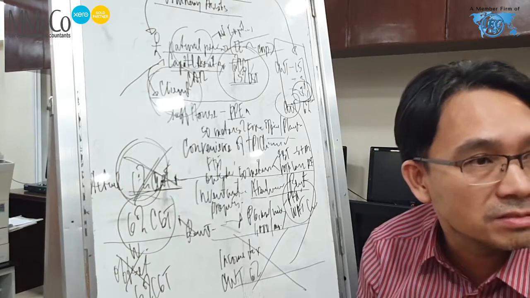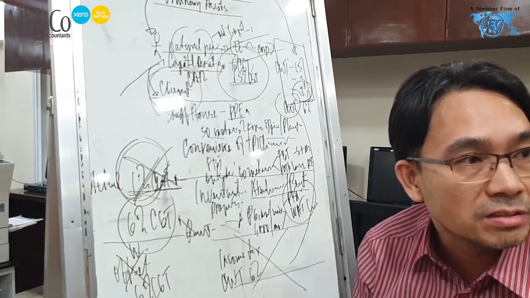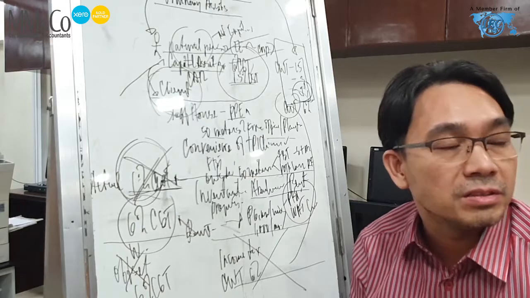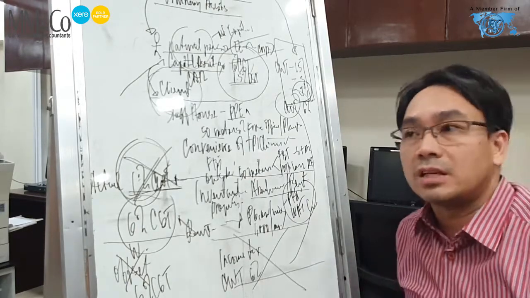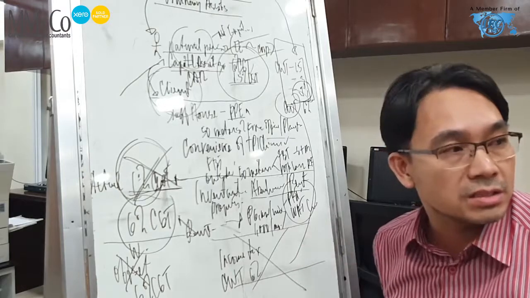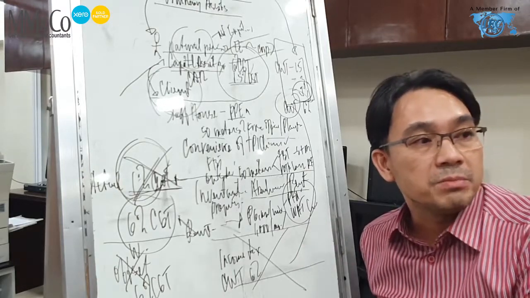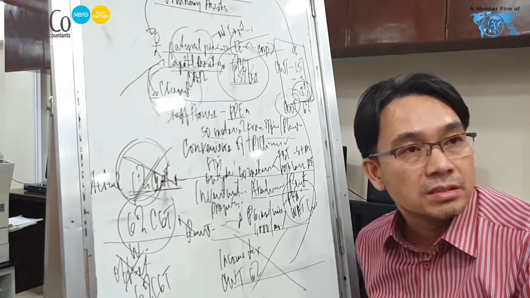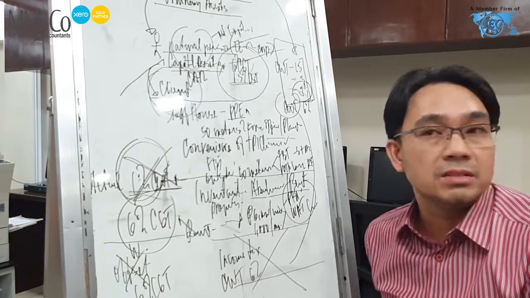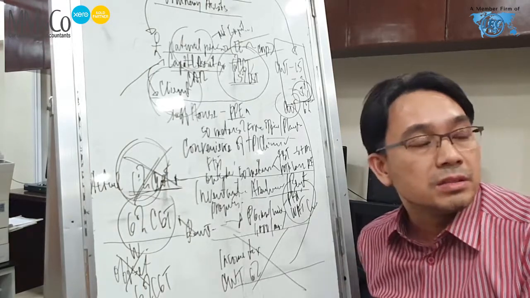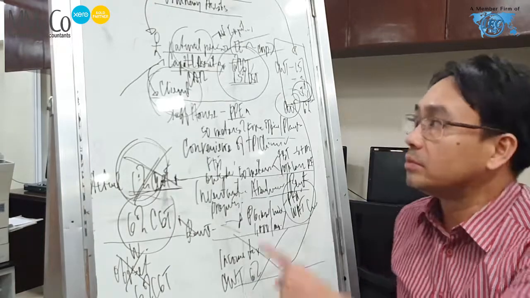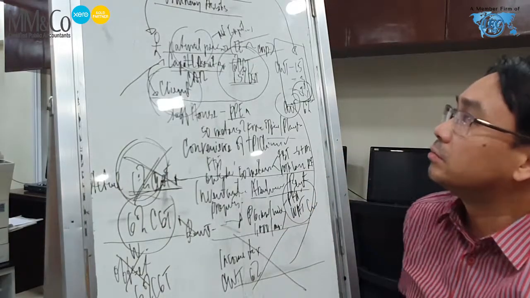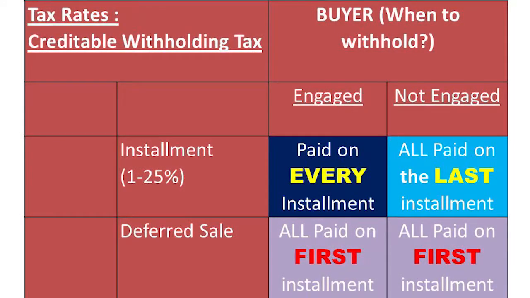Because first, find out whether it is an installment or deferred sale. If it is 25% or less, meaning the initial payments within that year, that is installment. Otherwise, deferred. So if installment, find out whether the buyer is engaged or not.